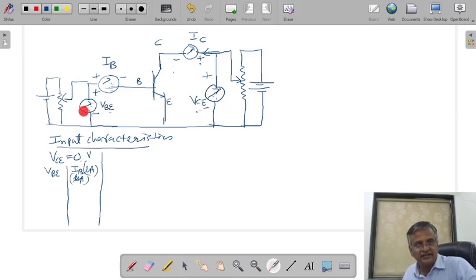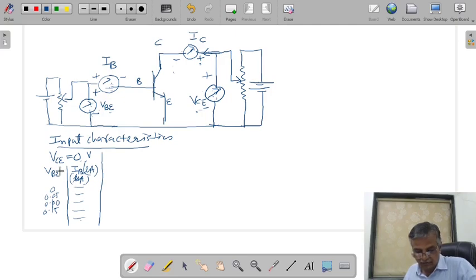Vary this voltage VBE with the help of this potentiometer in a suitable step and note down the corresponding value of the base current. Suitable step means keep 0, 0.05, 0.1, 0.15 and so on, and note down the corresponding value of the base current.